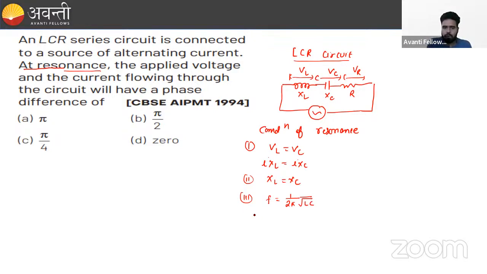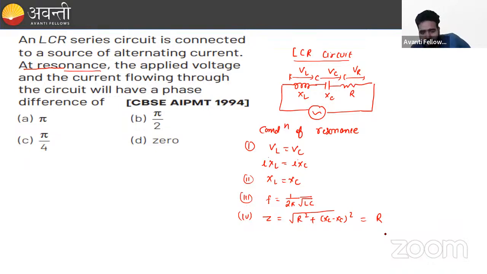And if we talk about the impedance, Z equals the square root of R square plus XL minus XC whole square. But XL and XC are equal to each other, so Z is equal to R. That is a very important concept. Z is equal to R.